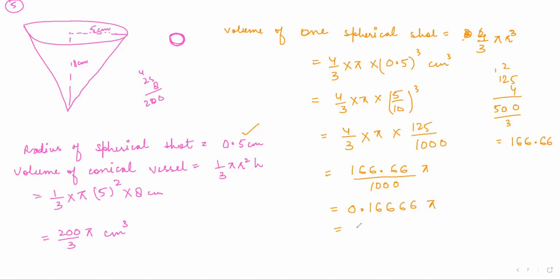Which you can approximate to 0.17 pi. Right, Hamna? Yes, Hamna, is this clear?